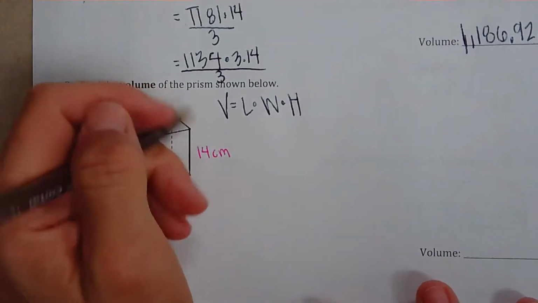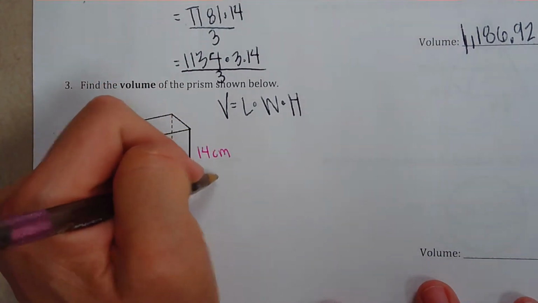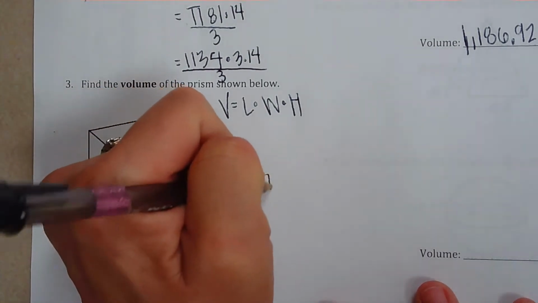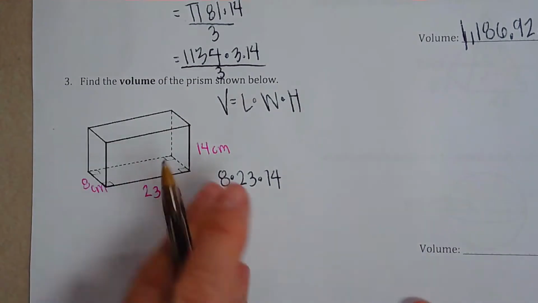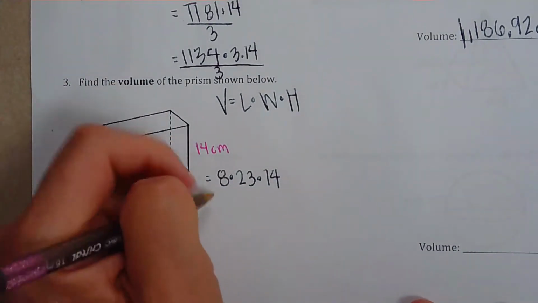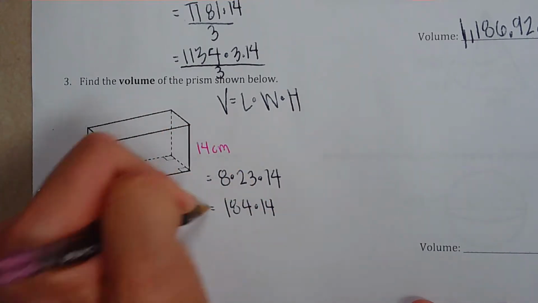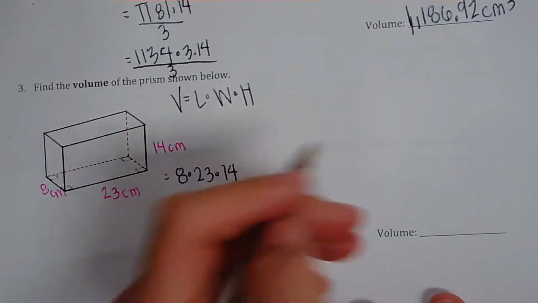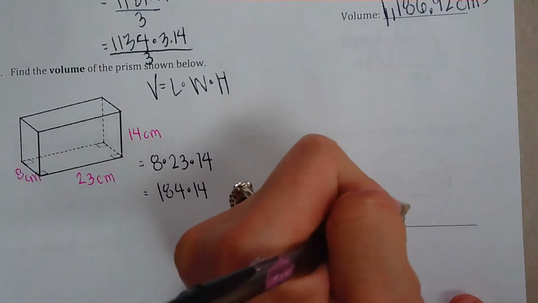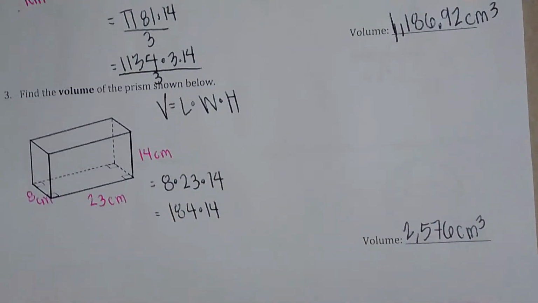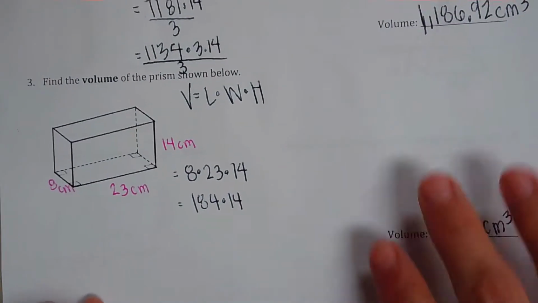So we are going to do 8 times 23 times 14, which 8 times 23 is 184. And then we multiply it by 14, and we get our volume, which is 2,576 centimeters cubed.